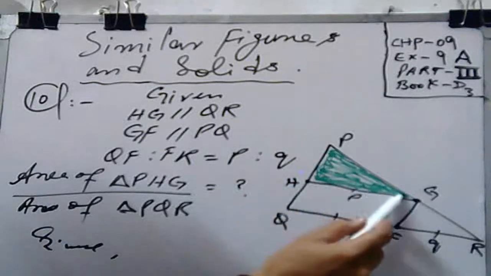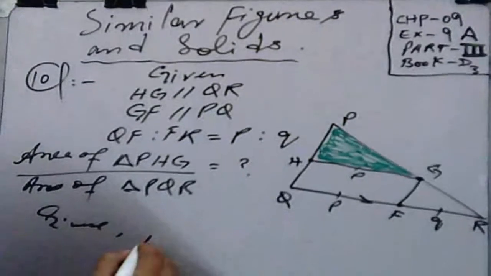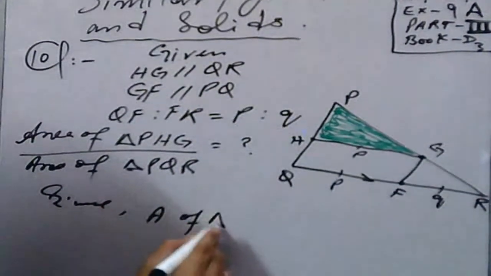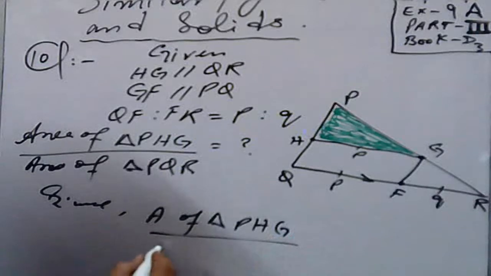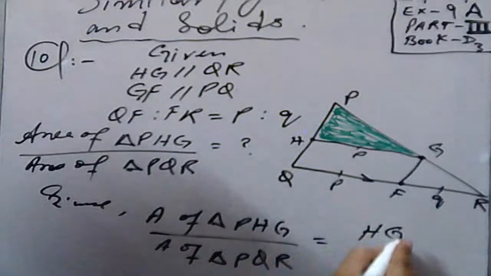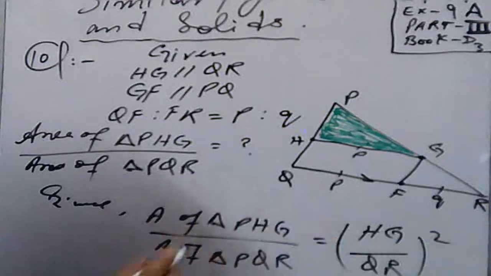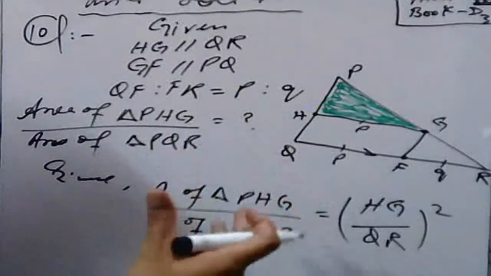So in this figure, because we have to take the ratio of these two triangles, area of triangle PHG divided by area of triangle PQR is equal to HG divided by QR whole square.